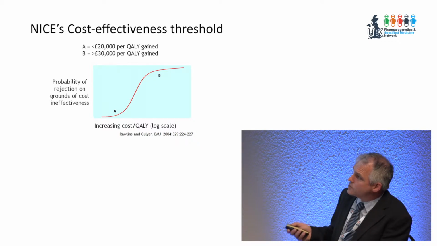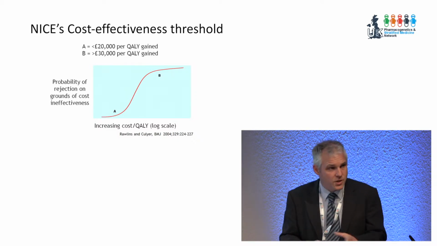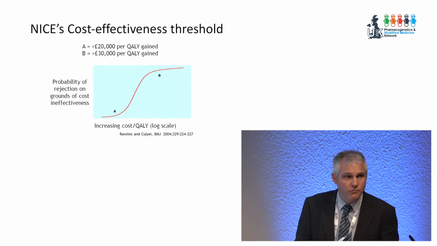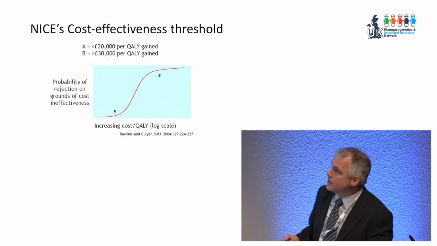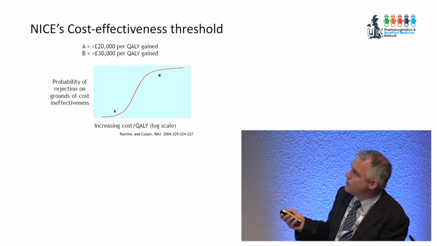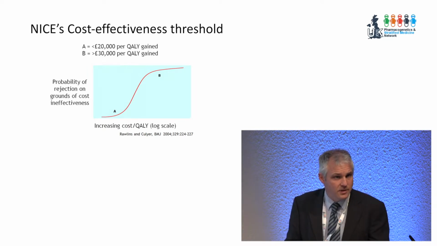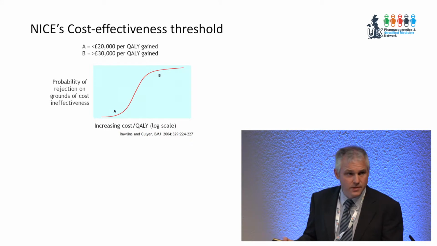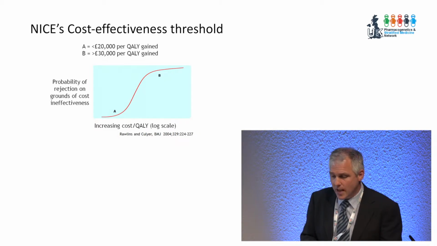Point A is about £20,000 per QALY. Any healthcare intervention which costs up to about £20,000 per QALY would really be accepted. It wouldn't be rejected on the grounds of it not being cost-effective. On the other hand, interventions that cost more than about £30,000 per QALY are likely not to be accepted because they're not deemed to be cost-effective. And these are decision rules operated by NICE in determining whether new medicines and other healthcare interventions are cost-effective.